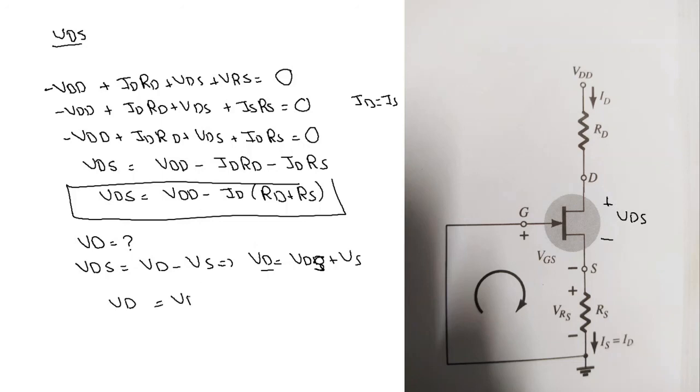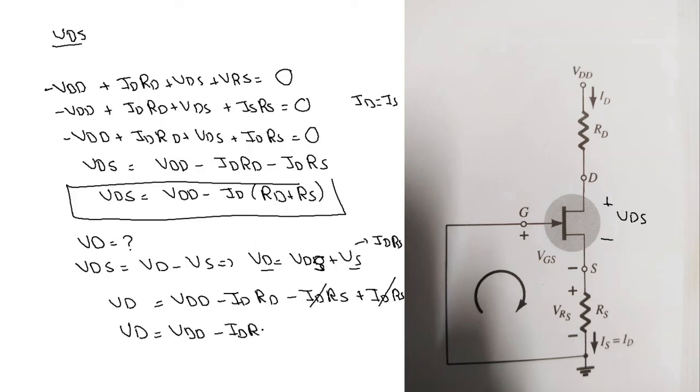So this is going to be VDD minus IDRD minus IDRS plus VS, and we know that VS is equal to ISRS or IDRS. So I'm going to write IDRS over here, and these two are going to cancel. So VD comes out to be VDD minus IDRD.